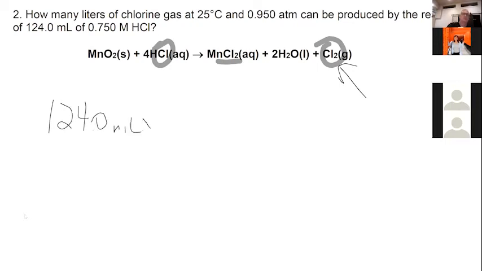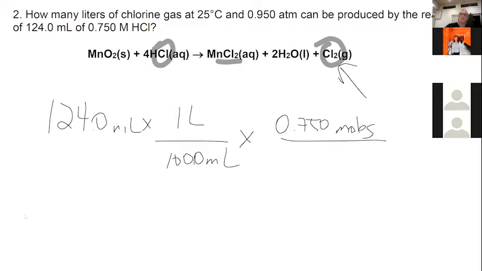And then the second conversion would be times 0.750 moles, molarity, moles over liters. That gets rid of liters, and you're left with moles of HCl, 0.093 moles.